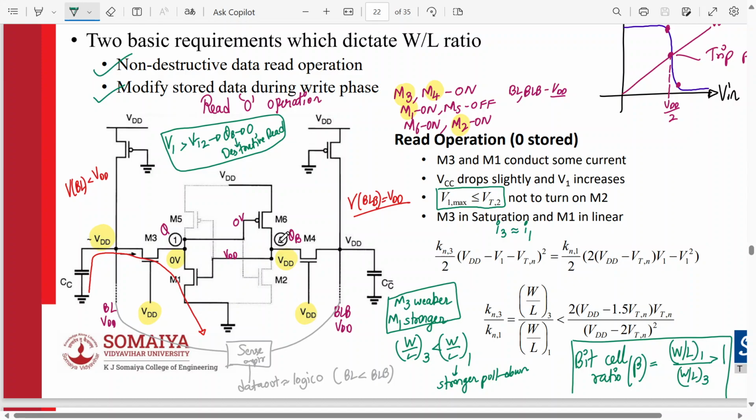Yes or no? So for a data read operation, to guarantee that V1 does not exceed threshold voltage of M2 over here, so that M2 remains off during the read phase, we keep V1 max less than VT2. Alright. And M3 operates in saturation, M1 is in linear, we can equate this.